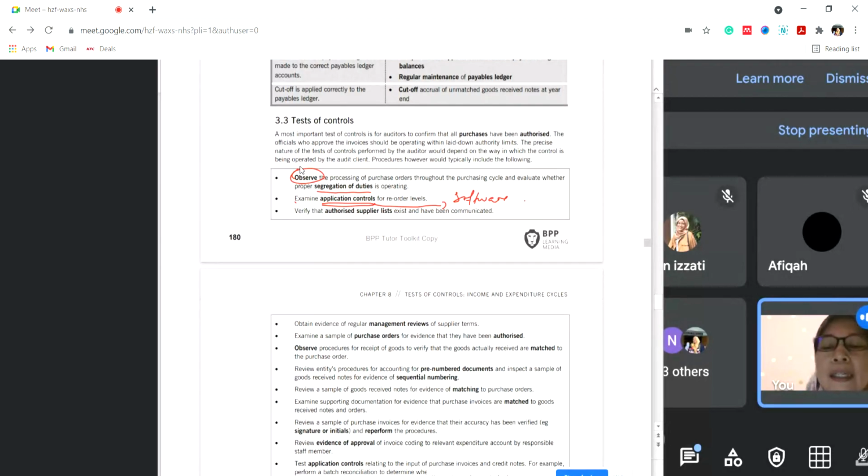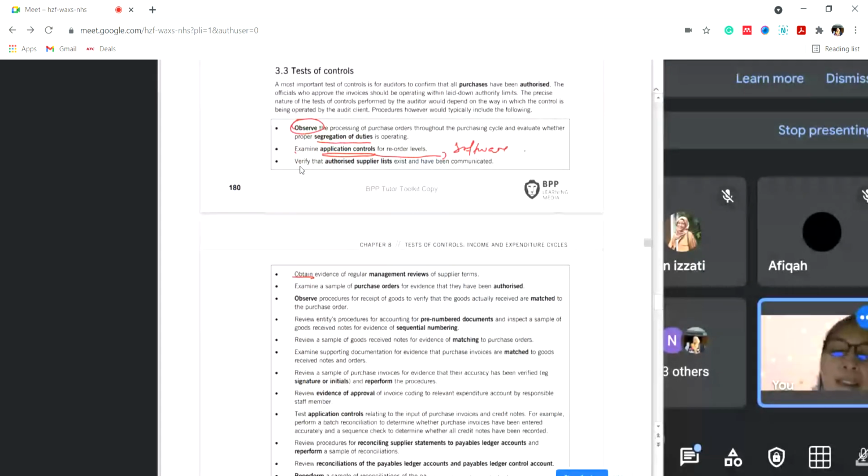Then obtain management review for supplier terms. These are all the tests of control that are suggested, regarding your control objective, control activity and test of control. So dia mesti relate dengan apa you punya control objective, control activities and test of control.